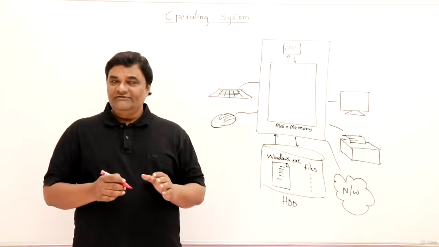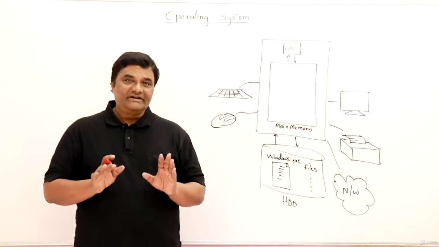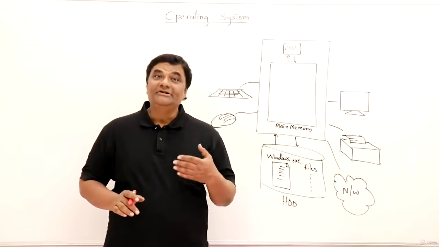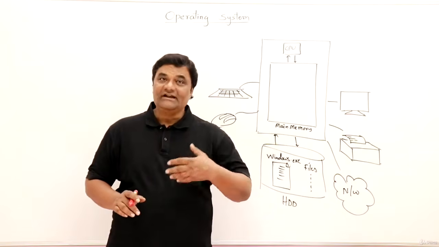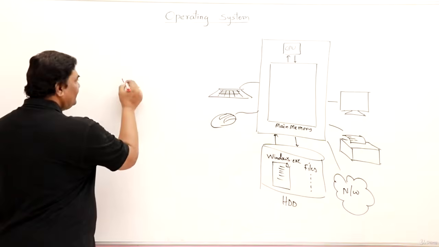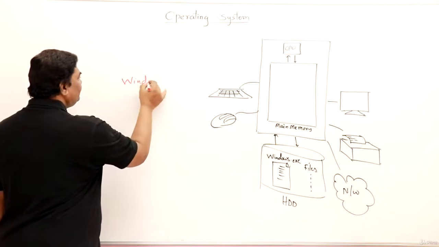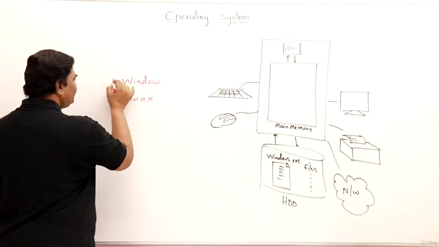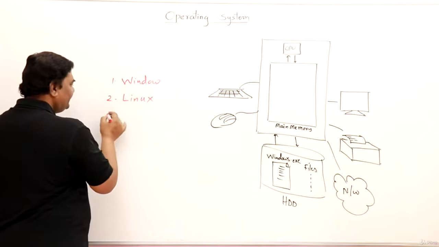In this video, I'll give you a brief introduction to operating systems. There are well-known operating systems that people commonly use on their laptops or PCs. The known operating systems are Windows, a very famous operating system, and Linux. This is mostly used by professionals, or used in companies.